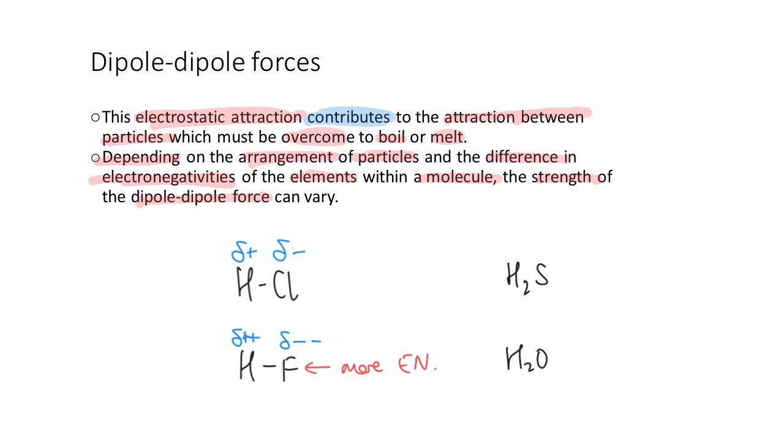You need to be able to look at, if I have H2S and H2O, which one will have the stronger dipole forces? Remember, both are going to form V-shaped molecules. Which one's more electronegative, sulfur or oxygen? This is why we learn the trends across the periodic table.